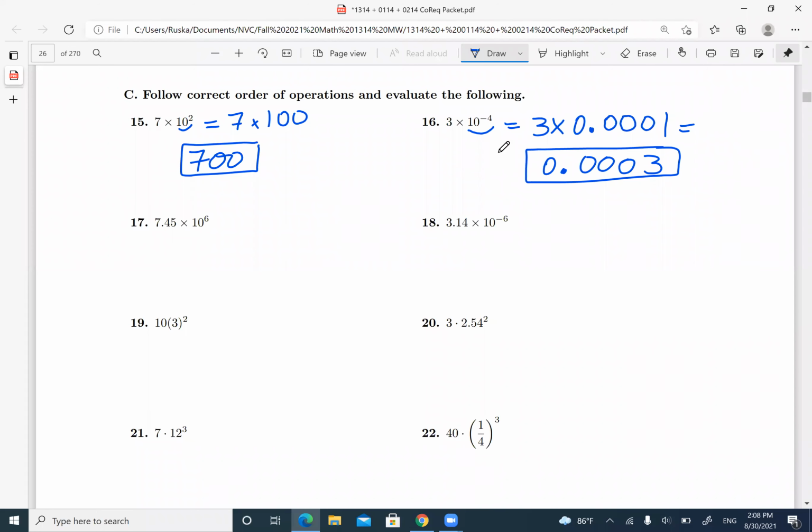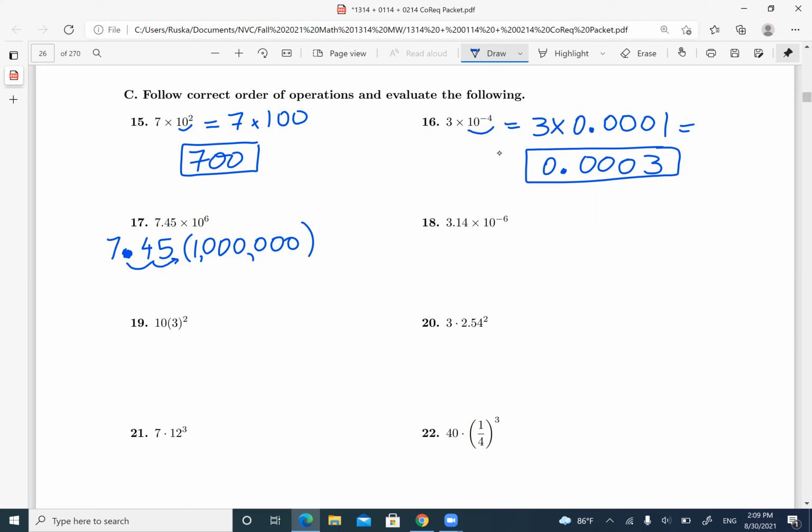Okay, let's do number 17 the same way. We're going to keep the 7.45, and I'm going to multiply by 1 with 6 zeros, right? 1, 2, 3, 4, 5, 6. Now what happens if I multiply a decimal by 1 with zeros? I move the decimal how many places? 6 places, right?